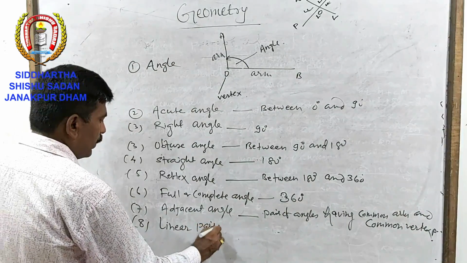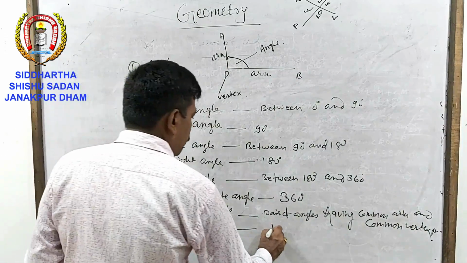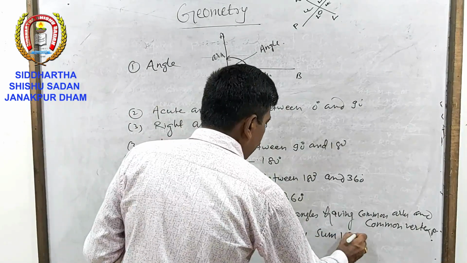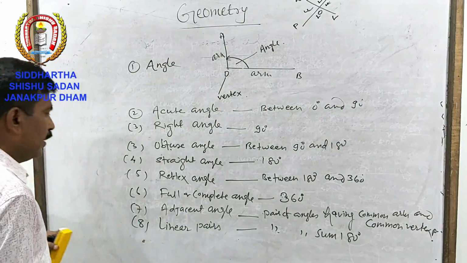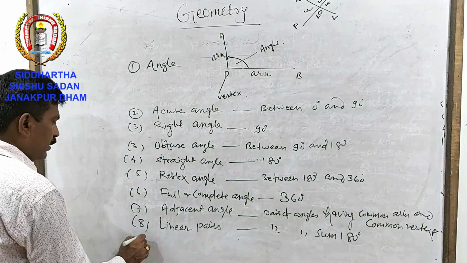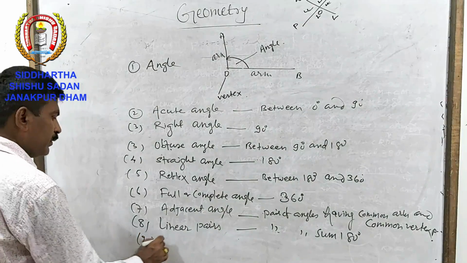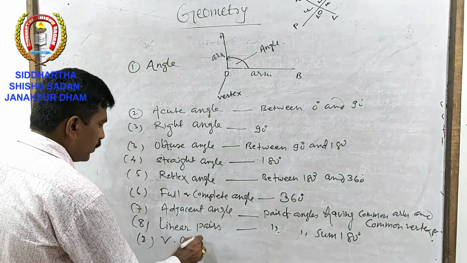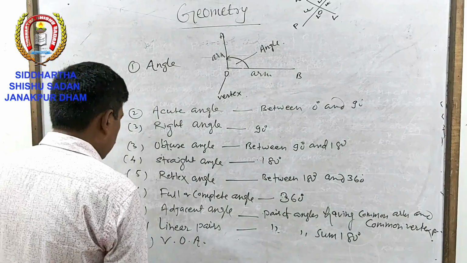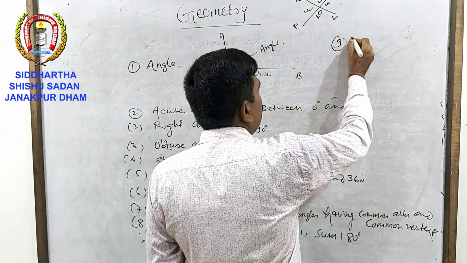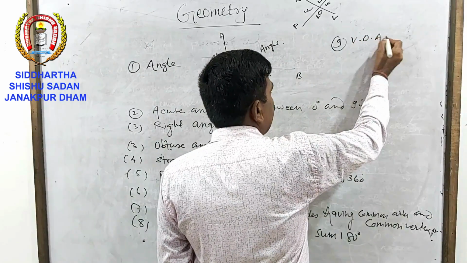Linear pairs, pair of angles sum 180 degree, linear pair. Then after we have learned number 9, vertically opposite angle. Today we have learned vertically opposite angle.